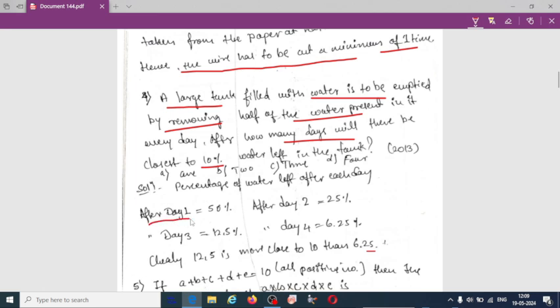First day, 50%, and next day, day 2, half will be 25%, day 3, 12.5%, day 4, 6.25%. They are asking which is closest to 10%. 12.5 is closest to 10, then 6.25%. So 12.5 is nearer to 10%. So you can select day 3. Option 3 is correct.